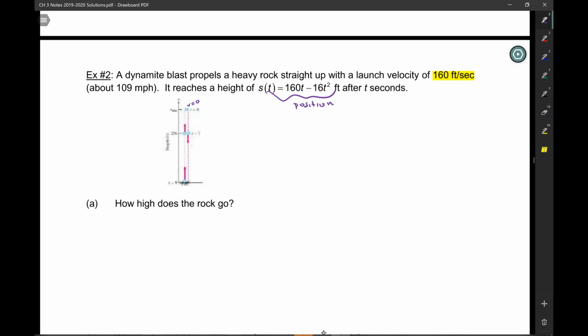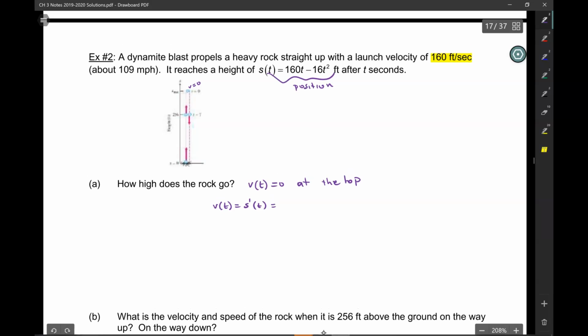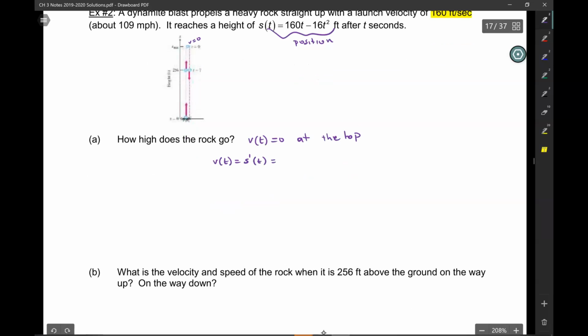So, v of t is equal to 0 at the top. Now, what is v of t? Well, that's s prime of t. And what's s prime of t? I need to find the derivative of this function. So that's 160 minus 32t. Okay?